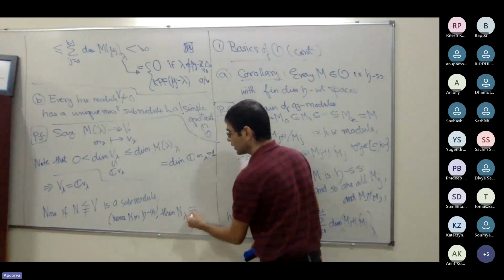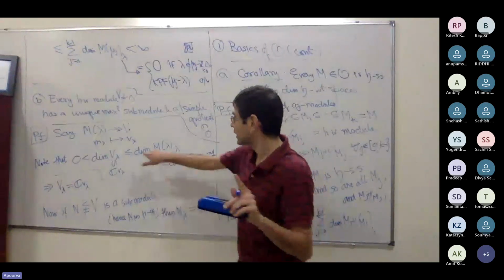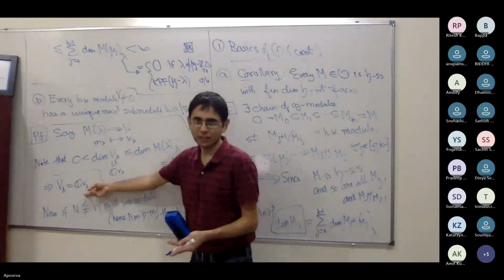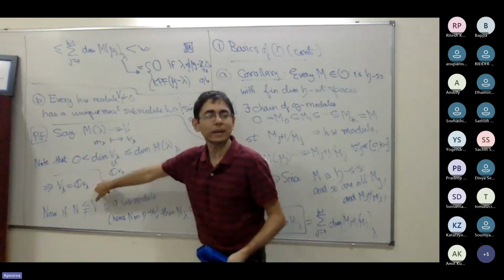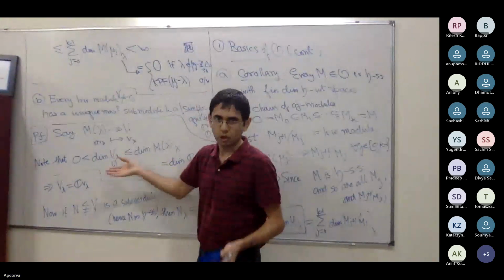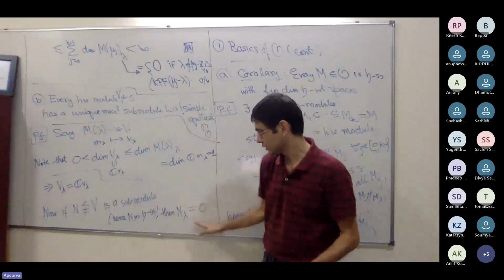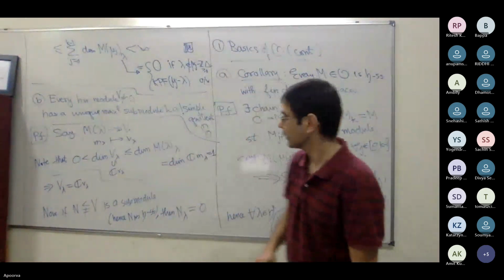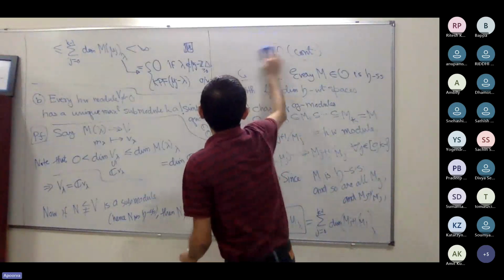Then N lambda is either 0-dimensional or 1-dimensional. If it is 1-dimensional, then it contains the highest weight vector. If it contains the highest weight vector, it contains the entire module generated by the highest weight vector, which is all of V. So then N would not be a proper submodule. That's why this is 0.